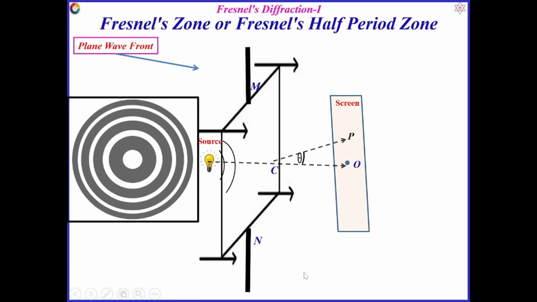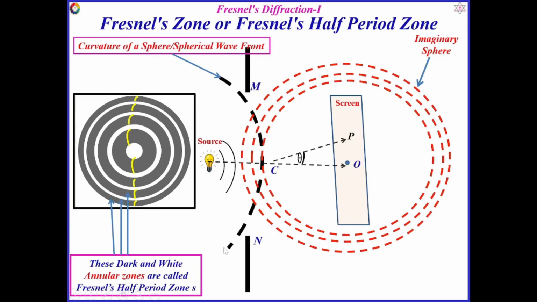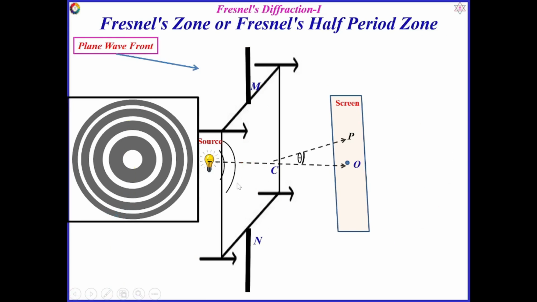Next, we are going to consider the construction of half period zones or Fresnel's zones by considering a plane wavefront. So this was our spherical wavefront, and here we considered a plane wavefront. When the plane wavefront strikes the slit, it will pass through the slit, then this wavefront is going to be divided into a large number of strips by considering the same procedure.